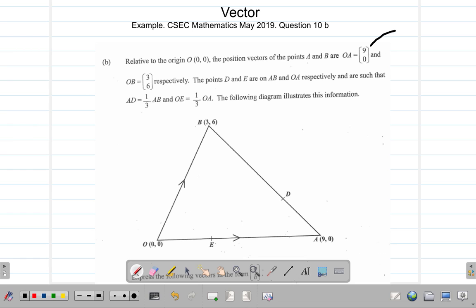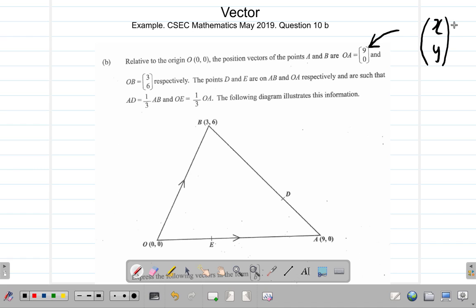Remember, this here is generally written in the form x, y. That is a column matrix.